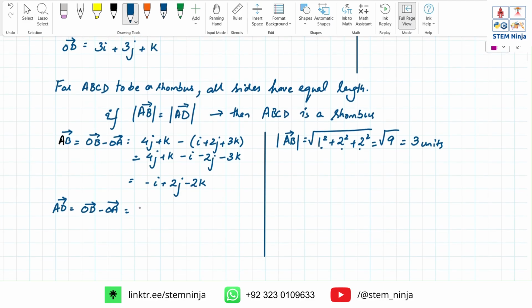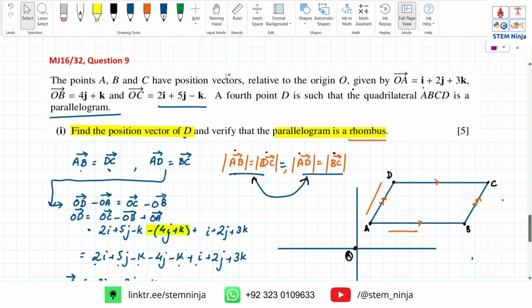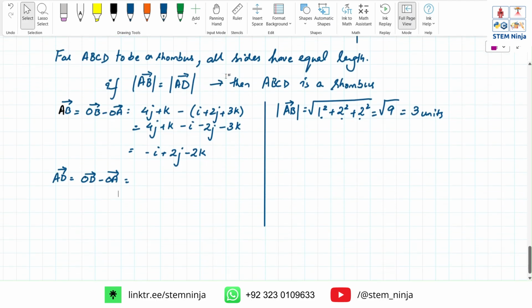So one thing you need to remember, if the question is given in algebra format, working you can do in column format, but the answer should be given in ijk format. So we'll stick with ijk format.